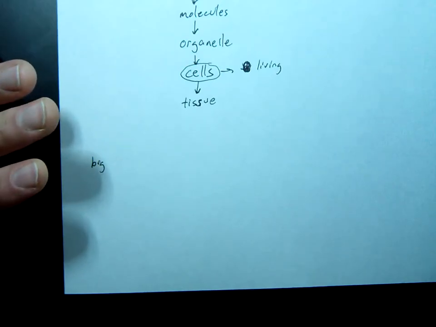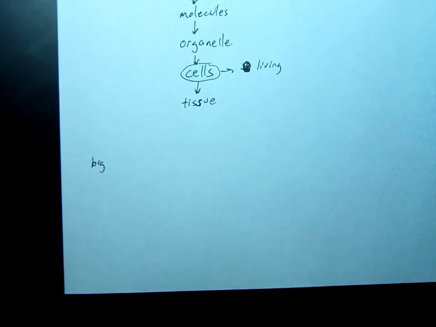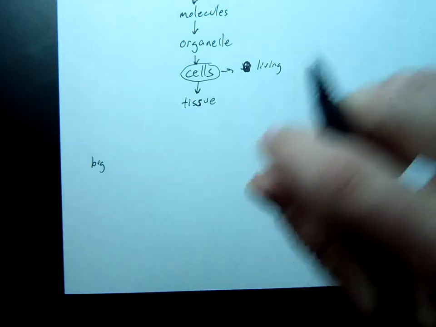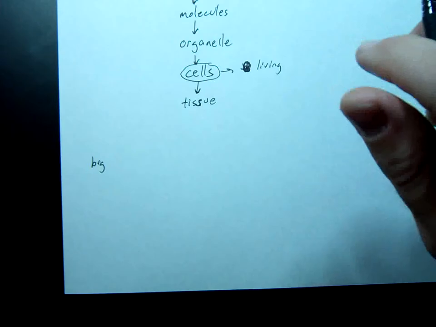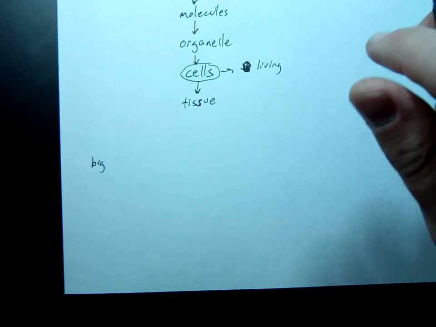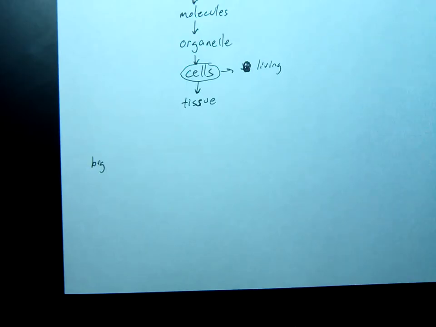Has anybody ever donated blood in this class? Raise your hand who's donated blood. Oh my. All right. This is the only bonus I offer for this class. It's worth 10 test points if you give a pint of blood to the Red Cross this semester. Or try to. Sometimes you'll go and get rejected because you're too small or anemic or something like that. If you go and you suffer the rejection, bring me back the rejection letter. It's worth 10 points. If your ego can take that hit, I don't know.